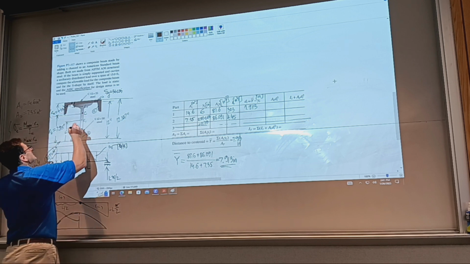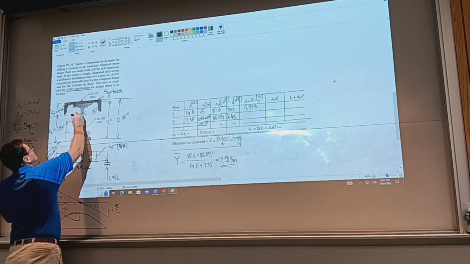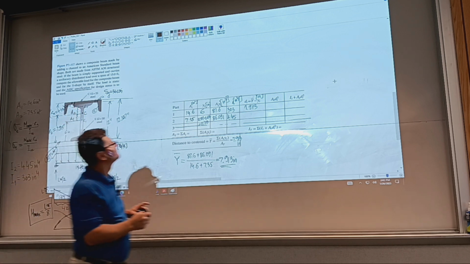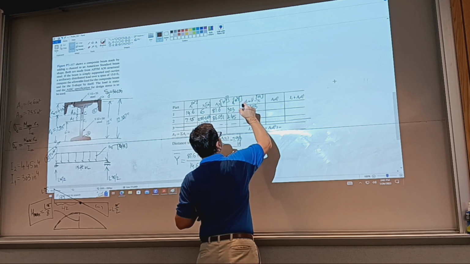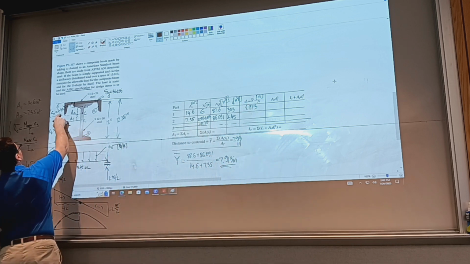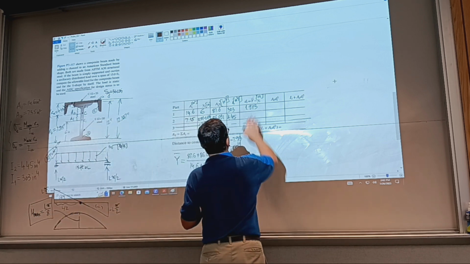So the distances D1 and D2 would be, this is D1, and this is going to be D2. D1, we have it, and D2, you subtract from 4.474 the 0.674.